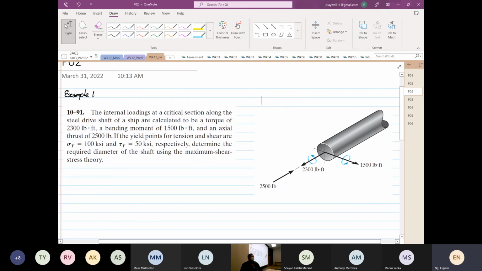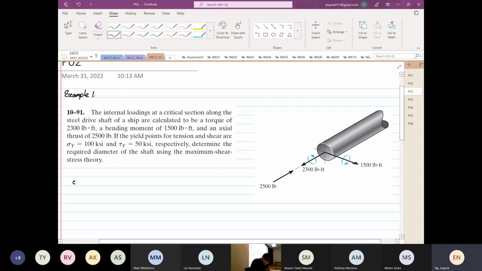Now, question for you. Can we use the equation that we have done with transmission shaft? I repeat again. Can you remember this formula? I think the formula is, I can't remember the formula.